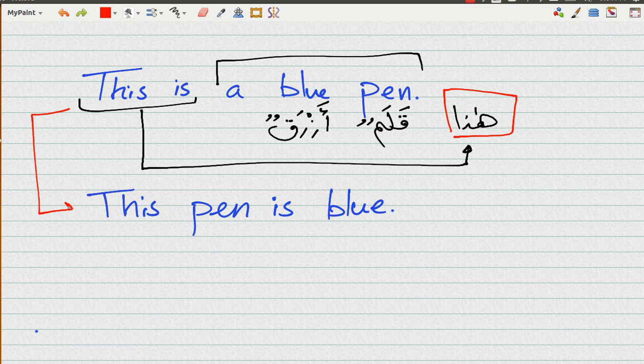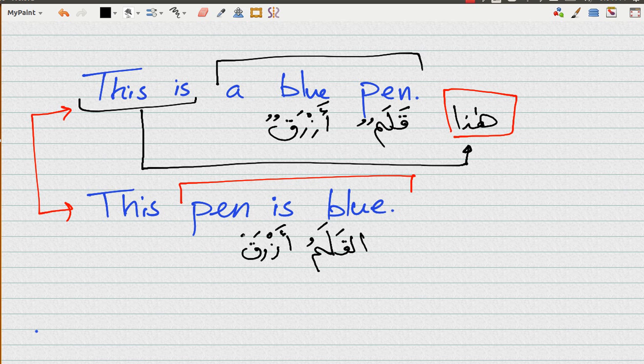Is there a difference between this is a blue pen and this pen is blue? Well, the way that we translate it is quite different, because the pen is blue in Arabic is actually written as القلم أزرق. القلم أزرق.